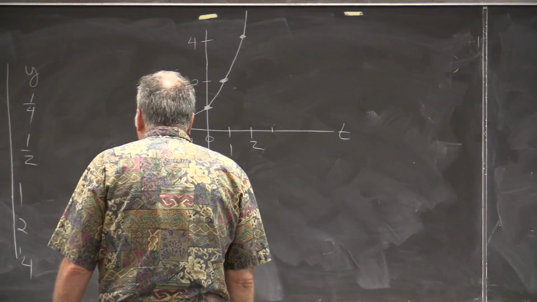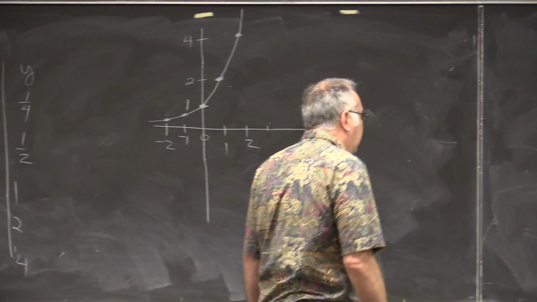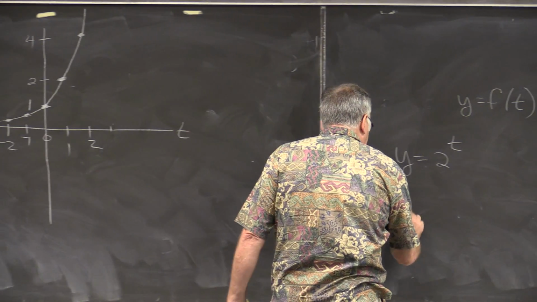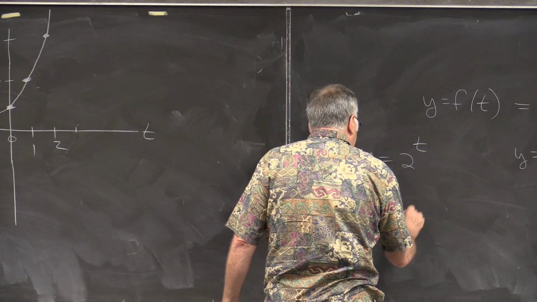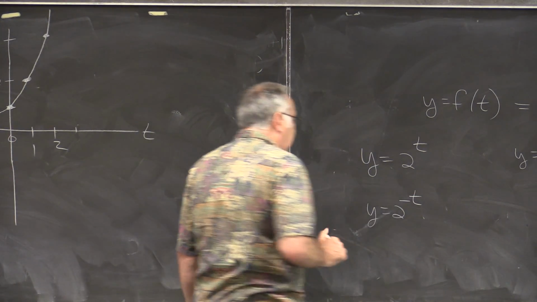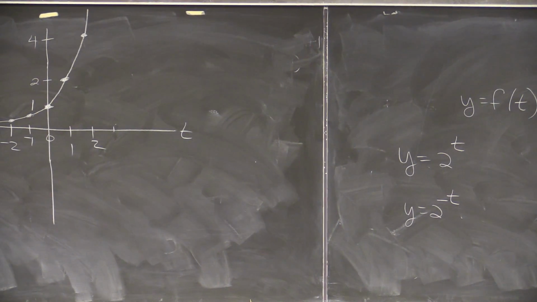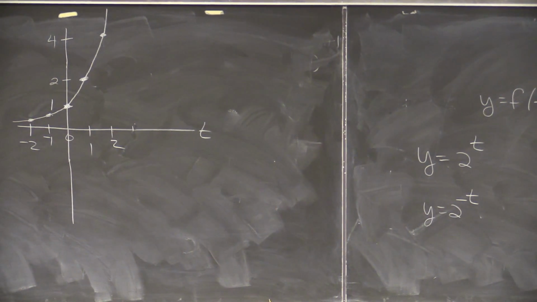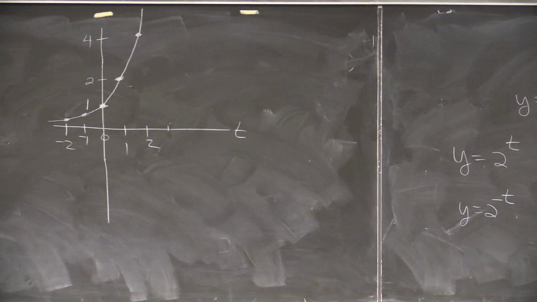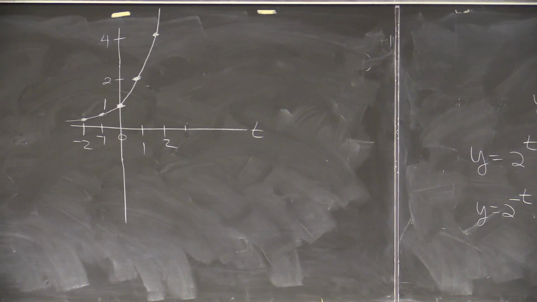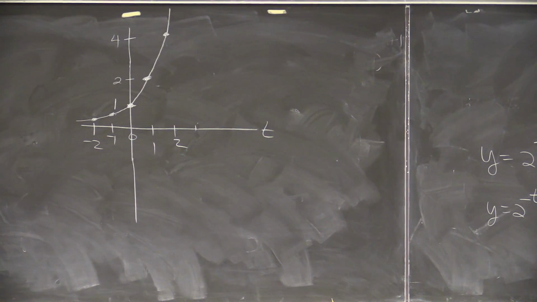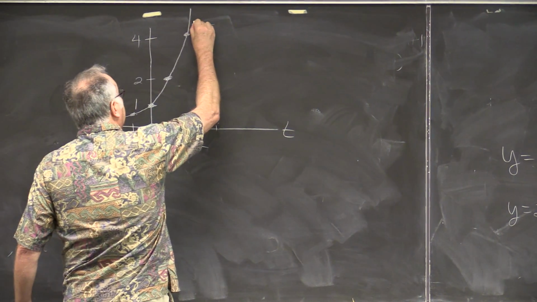What if I changed it to this? What if I looked at this, y equals 2 to the minus t? What would happen? If I raise it to the minus t power rather than t, what would the shape of this curve look like? This is y equals 2 to the t.